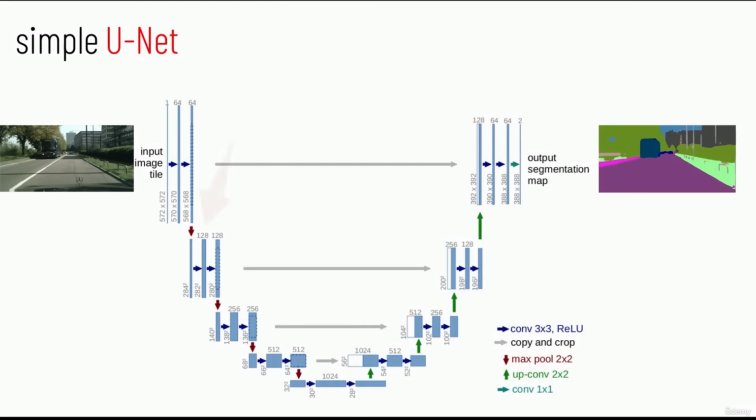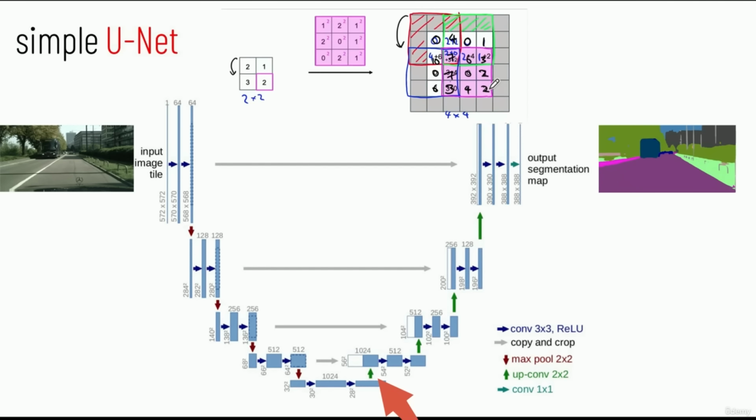Like in this case here, we have 128 feature maps, which means that the previous convolutional layer has 128 filters or 128 kernels. Each one will create its own feature map. We will do the same thing here until reaching this place.